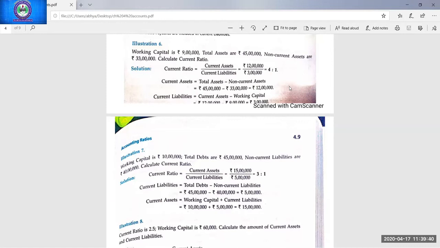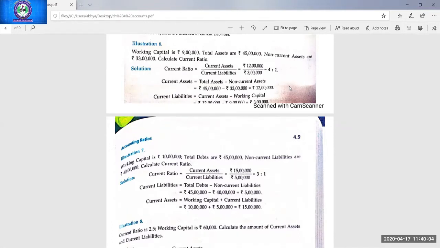So I have explained the method. Just put the values. Current ratio 2.5, working capital 60,000. Calculate the amount of current assets and current liabilities. Just do it mathematically. Take the value of current liability as X. Current ratio 2.5 means it's 2.5 is to 1.